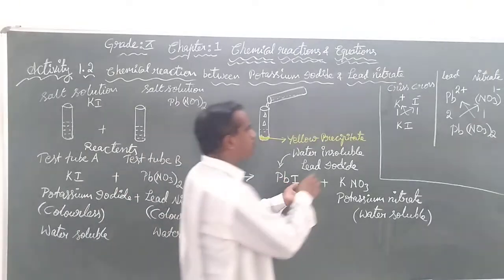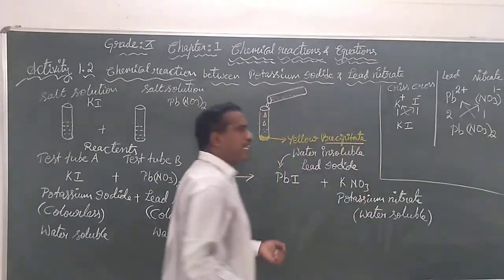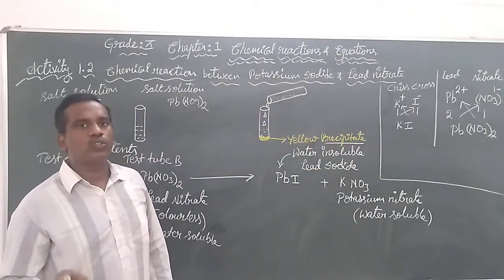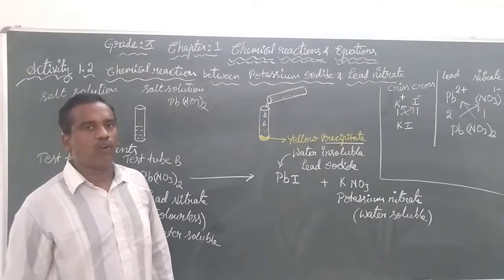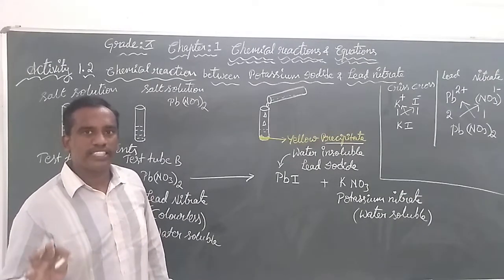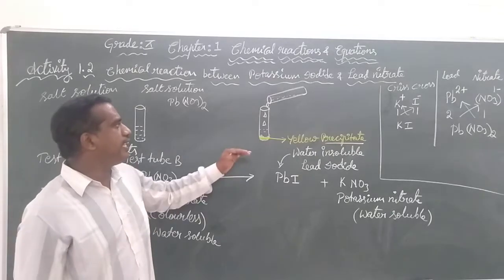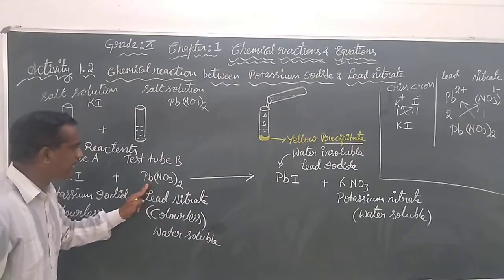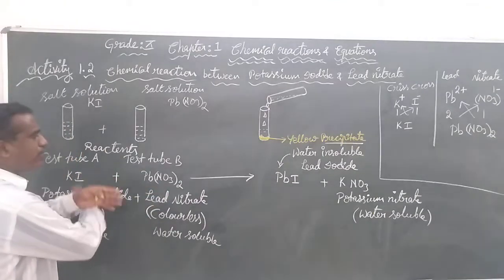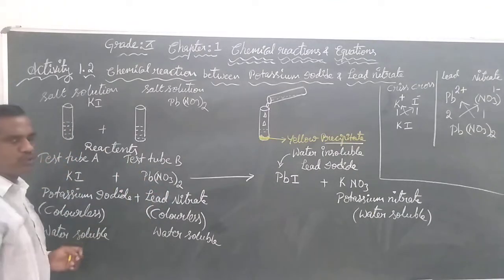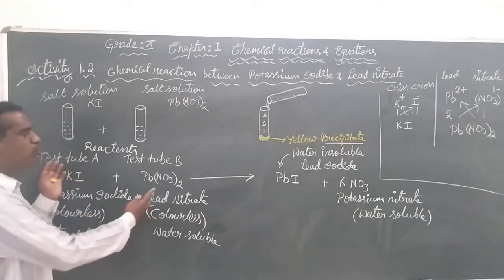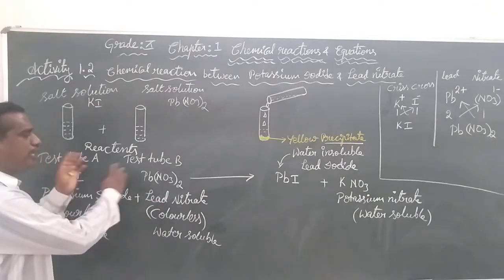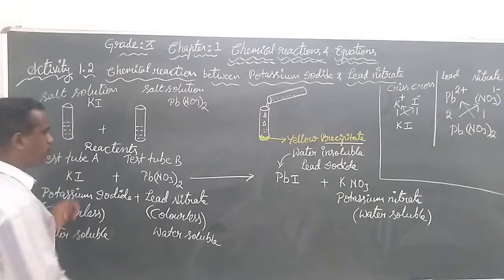Whenever the word precipitate comes, it is a water insoluble substance. And here, when potassium iodide is combined with lead nitrate, they are going to exchange their atoms between each other. The two compounds exchange their atoms.